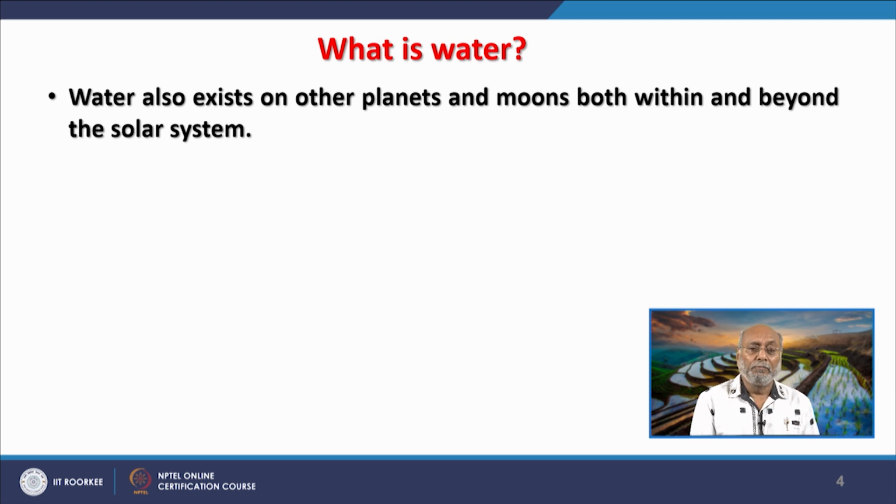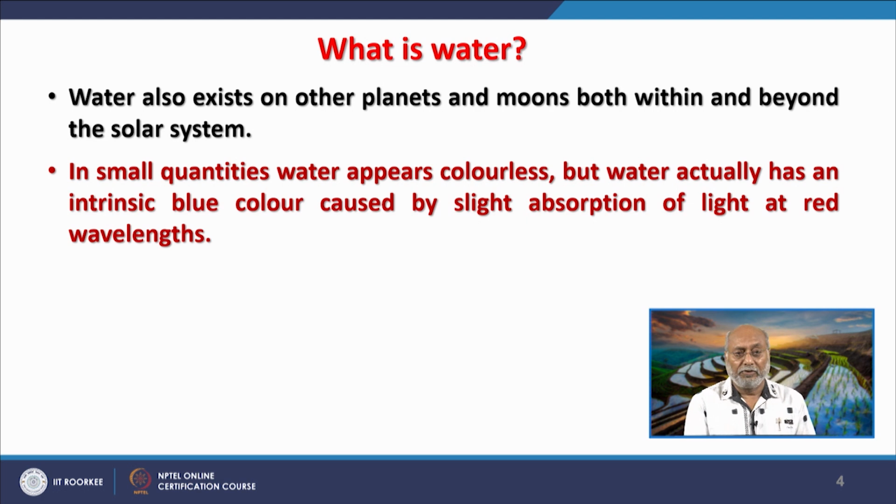So, water is available in the form of molecules along with some minerals, or only in the polar regions of these bodies like Mars or the Moon. So, water is there not only on the earth, but in other parts of the solar system.